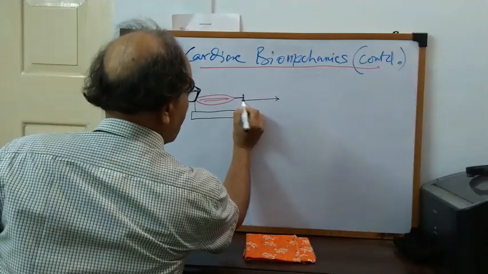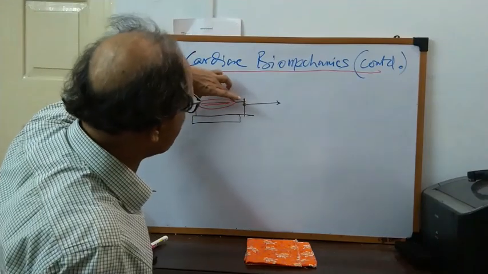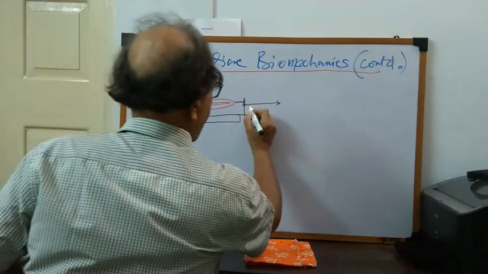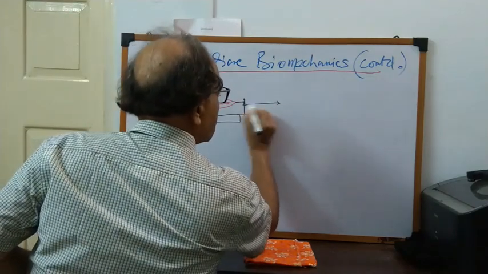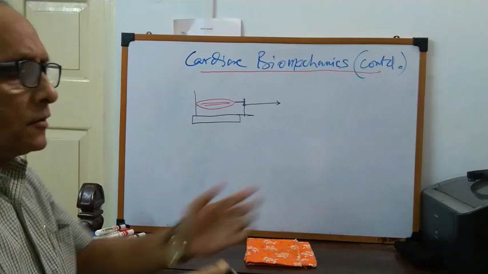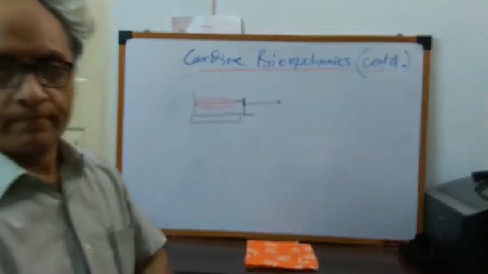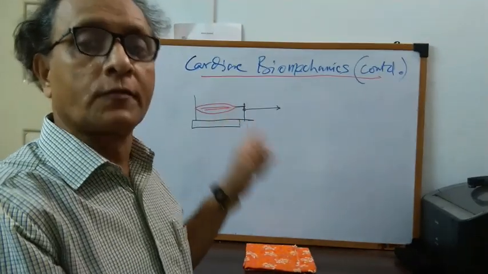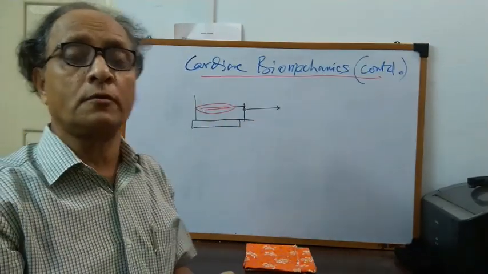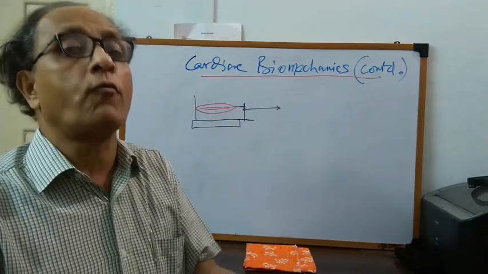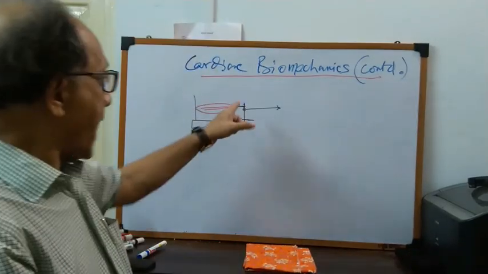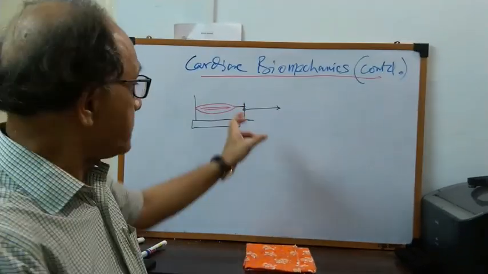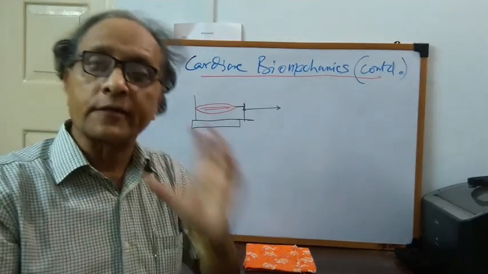And this is the fulcrum, and if the muscle contracts, that will pull the lever, and as a result this limb of the lever will move. So this is the arrangement of recording the isotonic contraction. Isotonic contraction means where load is overcome, and as a result the muscle gets shortened, and we can record the extent of that shortening.